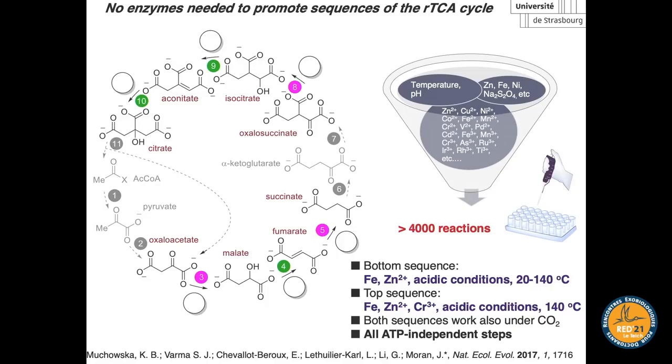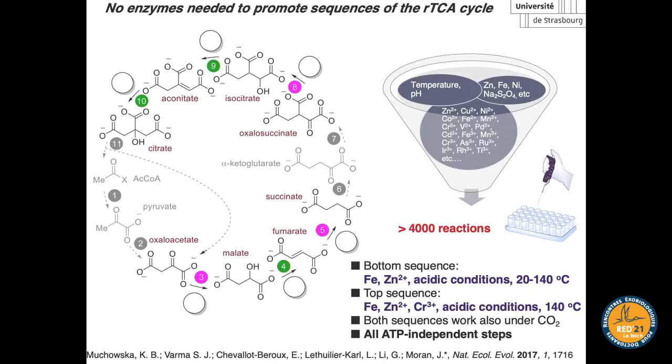And after screening thousands of reactions manually, by hand, pipetting, and really working very, very hard, we found that the sequence of the bottom parts of the cycle, so starting from oxaloacetate, which is reduced to malate, which is then dehydrated to fumarate, which is then reduced to succinate, this sequence can be performed under acidic conditions with metallic iron as a reducing agent, and with zinc salts.